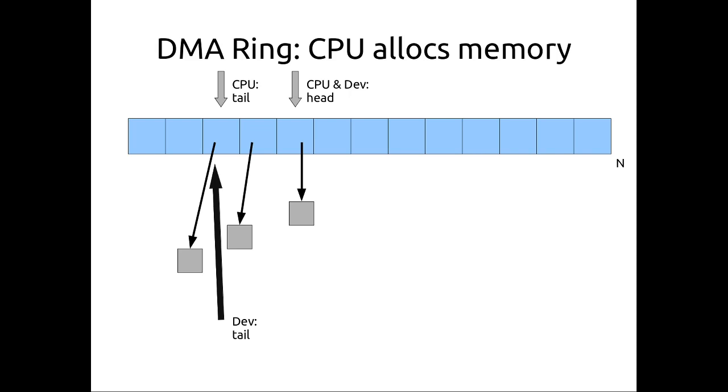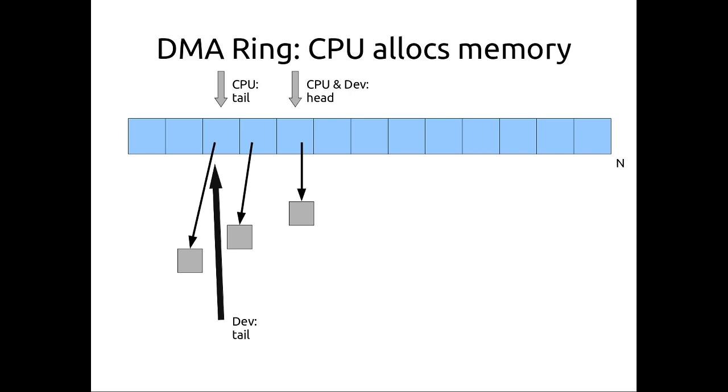What we see here is that there are 2 pointers at the top that the CPU maintains. These are indices into the array. We have a tail, which is the furthest away allocated piece of memory, and we have the head, which is the most recently allocated piece of memory.